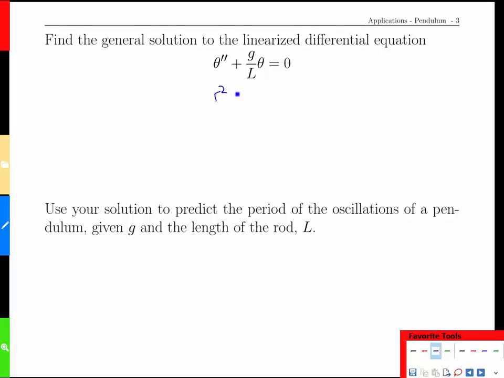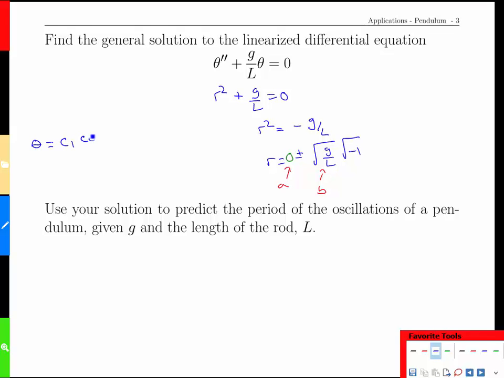We do our usual assumption, we get our characteristic equation, and that gives us r squared is minus g over L. So r is plus or minus the square root of minus g over L, which we will write as root g over L times the root of minus 1. We'll slide a 0 in here. That becomes our A, that becomes our B, and lo and behold, we get that our angular displacement is going to be e to the at, that's just 1.